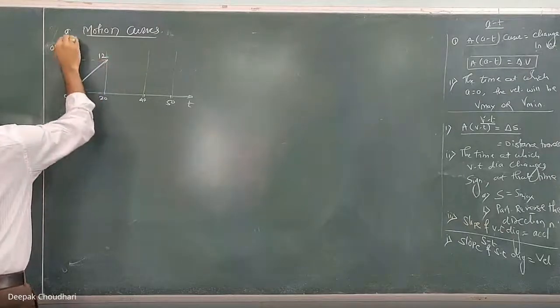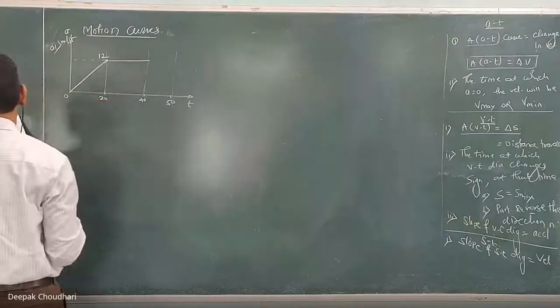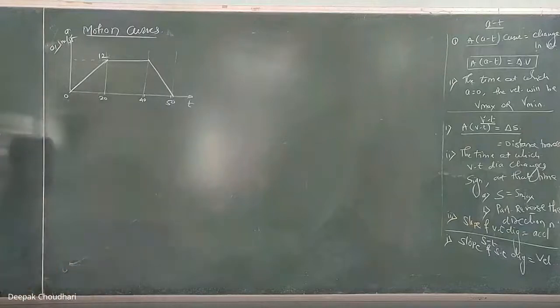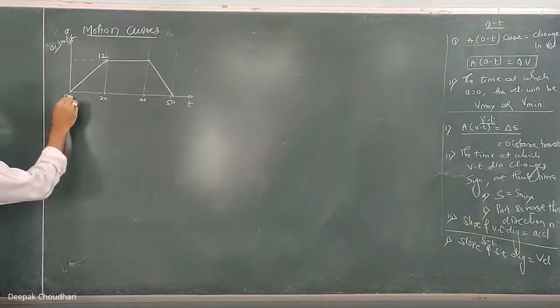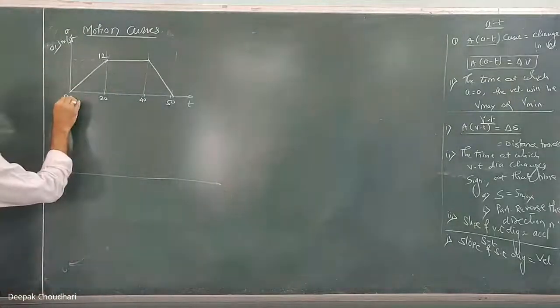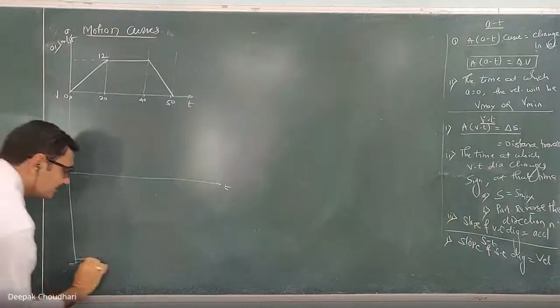Acceleration is in meter per second square and time is in seconds. From 20 to 40 it is a horizontal straight line, and from 40 to 50 it is decreasing and becomes 0. This AT diagram is given, and you have to plot the corresponding VT diagram, how the velocity will change, and you have to plot the ST diagram.